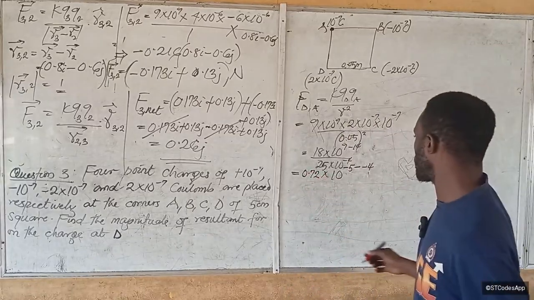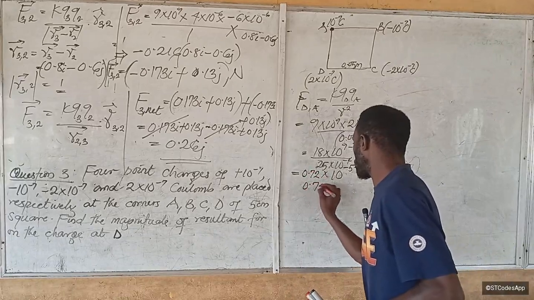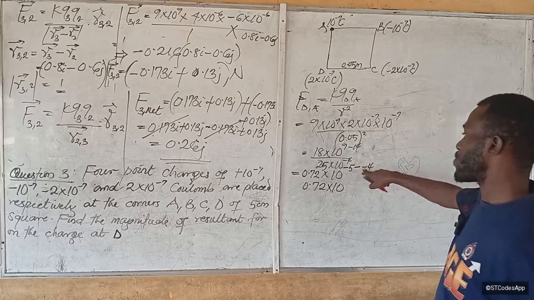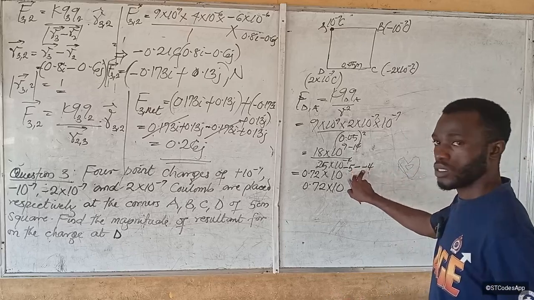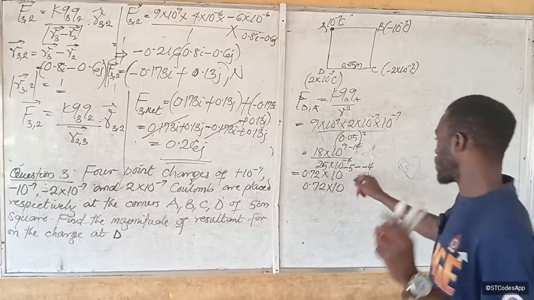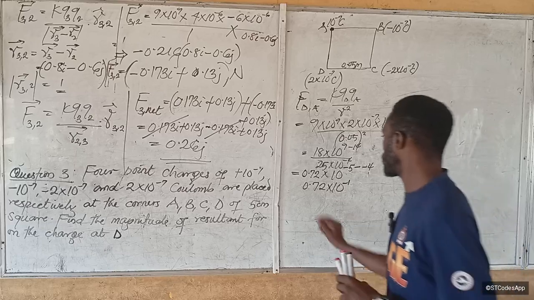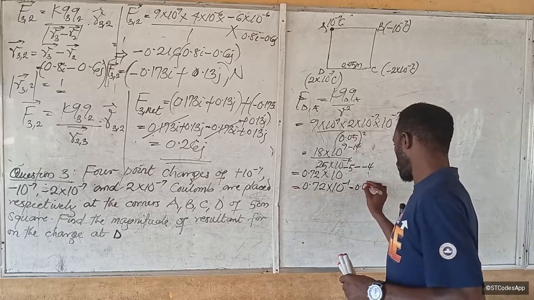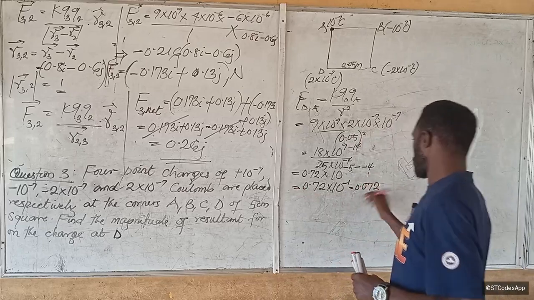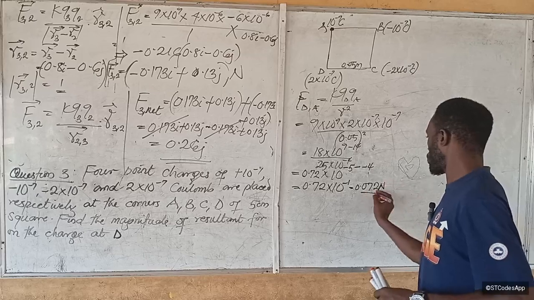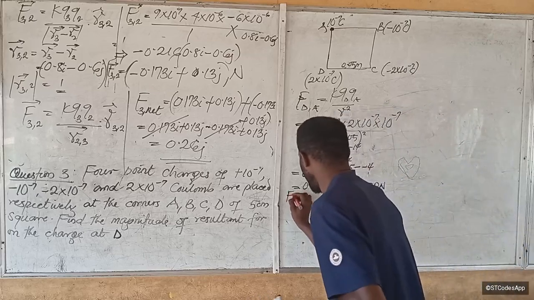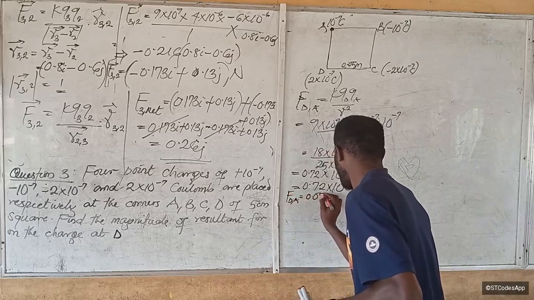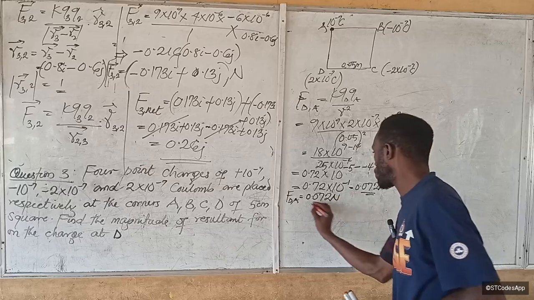So 0.72 times 10 to the power minus 5 plus 4, that's minus 1. Our answer becomes 0.072 Newton. So the force on D due to A will be 0.072 Newton.